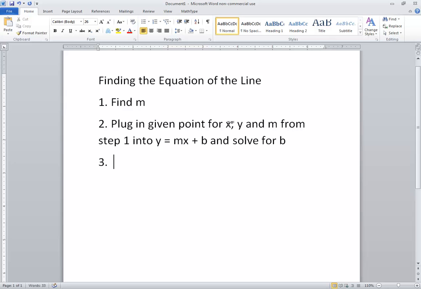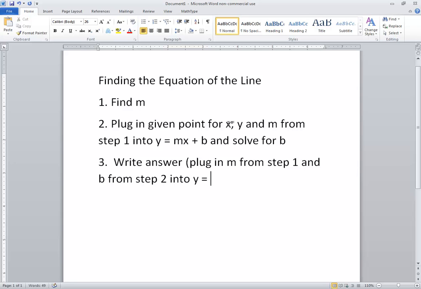Step 3, write your answer. Plug in m from step 1 and b from step 2 into y equals mx plus b.